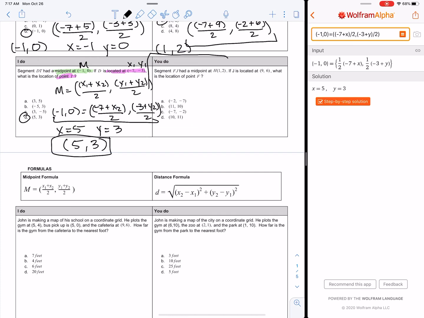I want you to try this one. What are we given? Are we given two endpoints or one midpoint and one endpoint? Very good. We're given one midpoint and one endpoint.